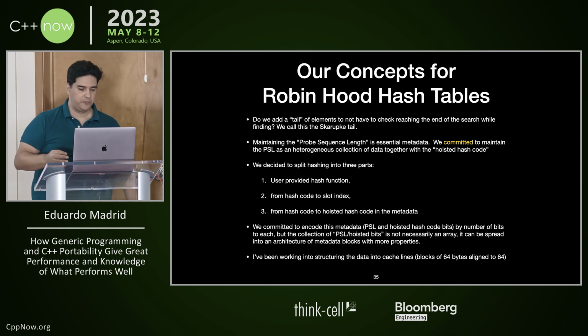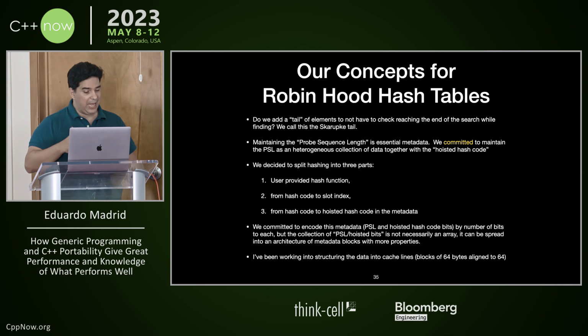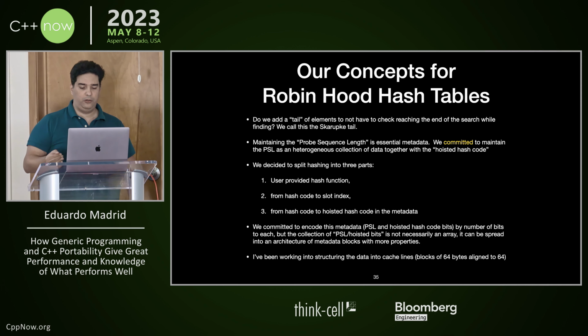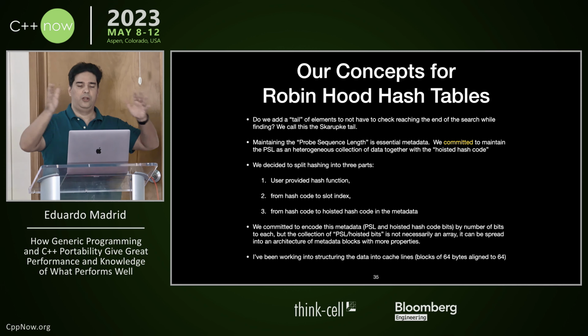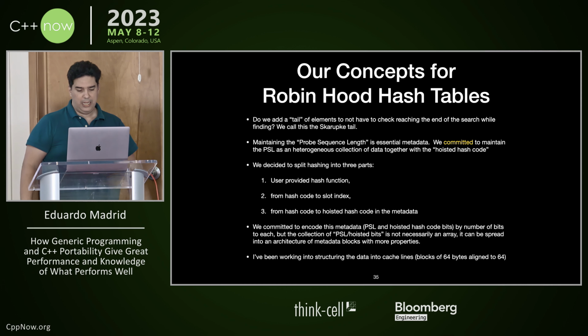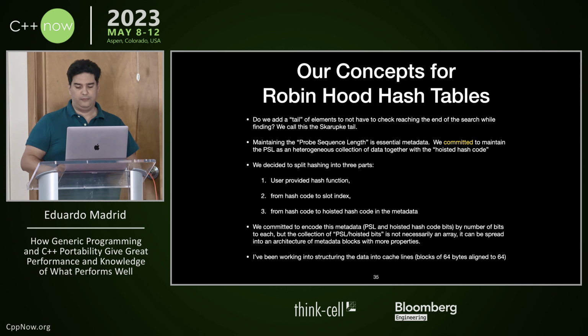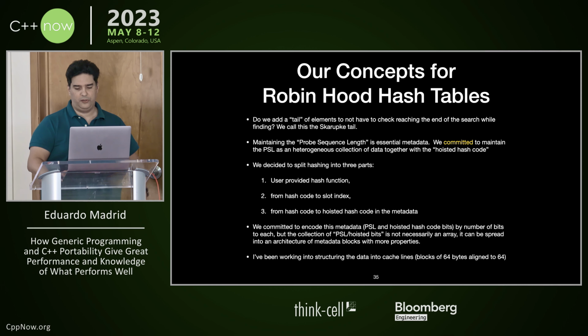That's another choice. We had a hard commitment to encode the metadata as probe sequence lengths and hoisted hash code as a heterogeneous collection of elements. And this is not necessarily an array, which spawns its own set of concepts.